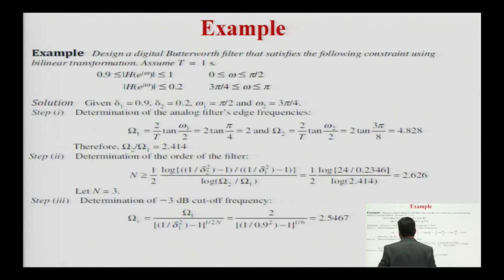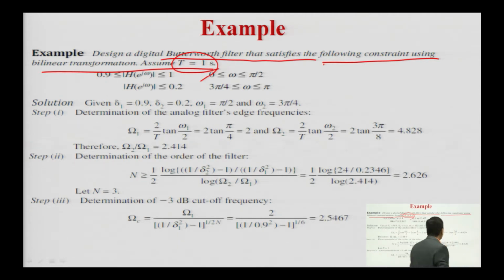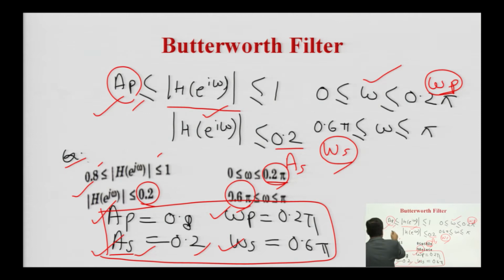Now this question: design a digital Butterworth filter satisfying the following constraints using bilinear transformation. Assume T equal to 1, so T is 1 second here. Now I told you AP, AS, the attenuation in pass band and stop band, or you can say ripples, del 1 and del 2.